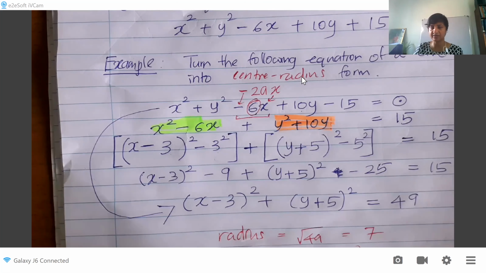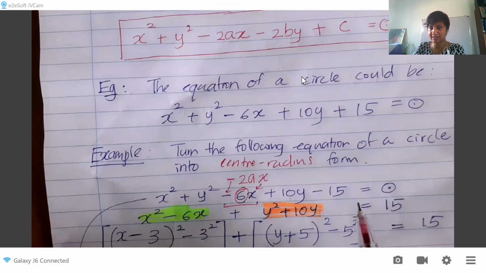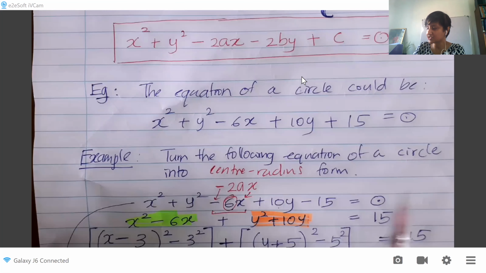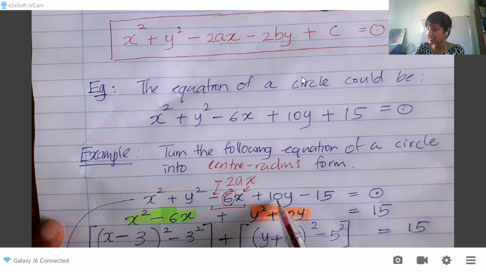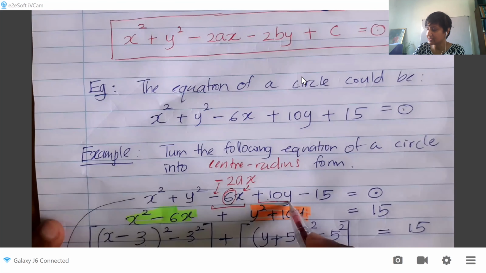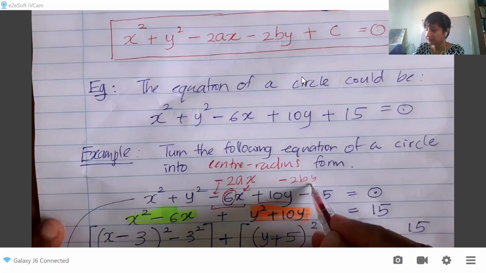What Afra is saying is that she was comparing with the form. You can do that too. And then again for plus 10y, it takes the form minus 2by. So the y is there.